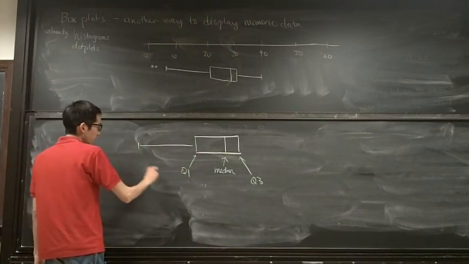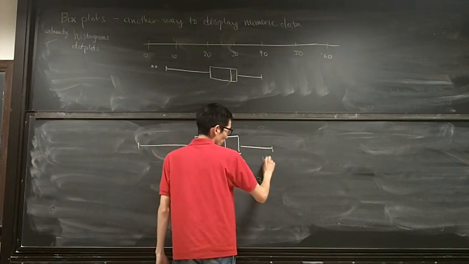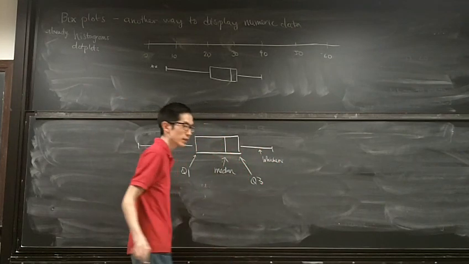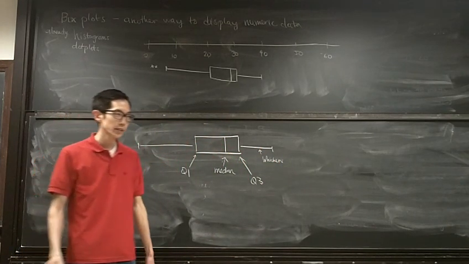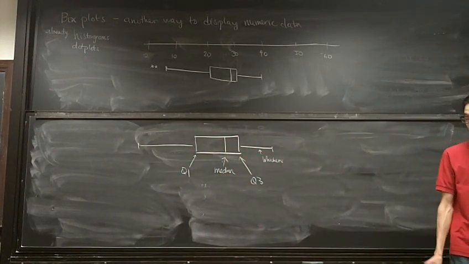The lines that extend from the box, these are known as whiskers. They extend to the largest and smallest points within what we call fences.